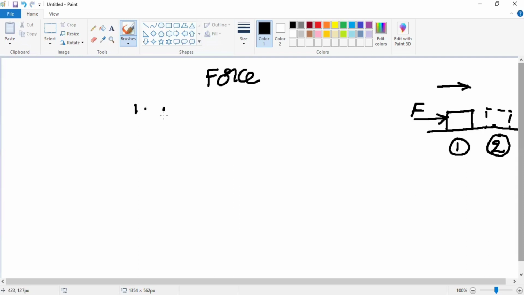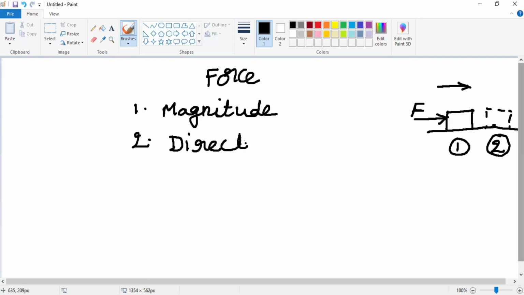Now this force has four different characteristics. One is magnitude. Second one is direction. Third one is point of application.